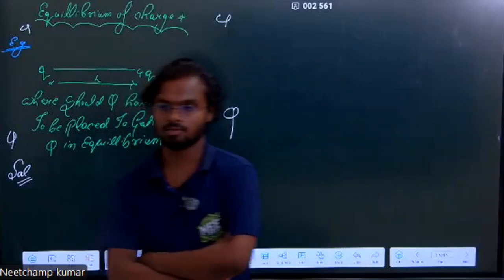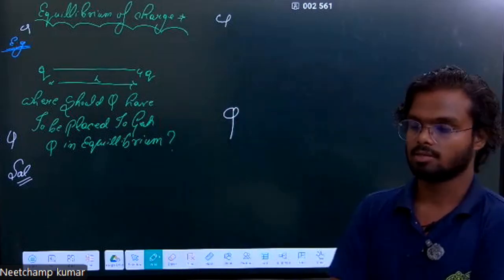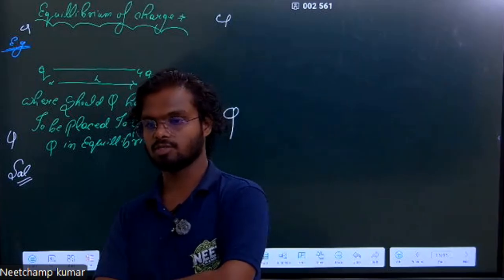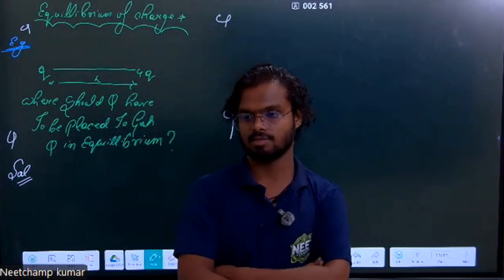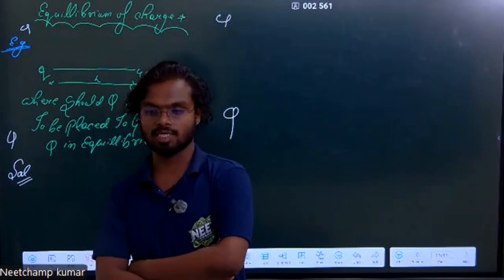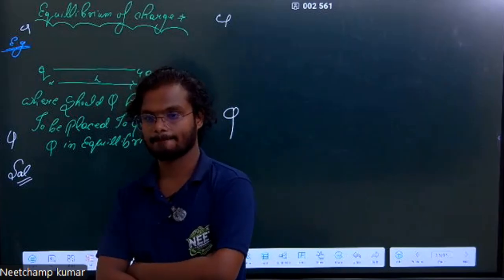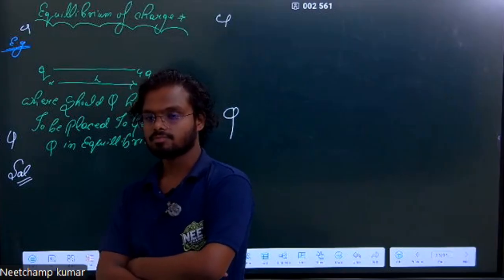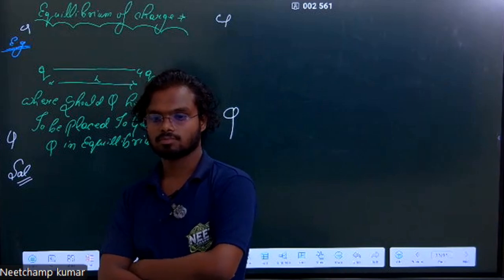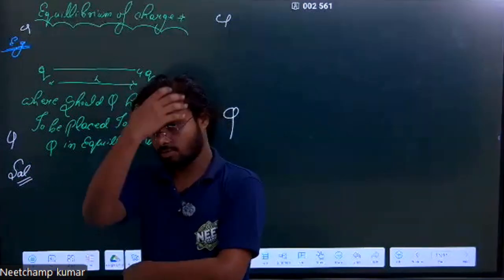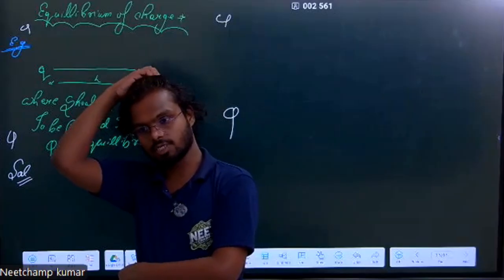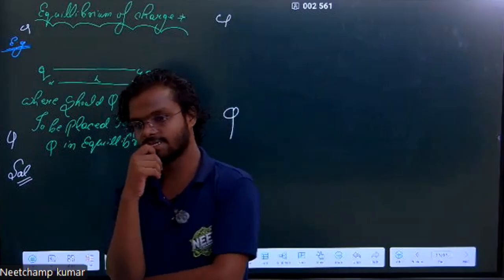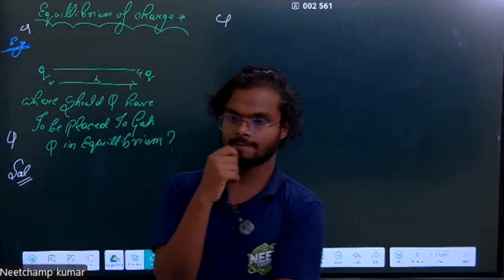Why can the net force not be zero if I place the charge anywhere other than the line joining the centers? Why is it not possible? Why can we not make the net force zero if we place it anywhere other than that line? What is the reason for this?